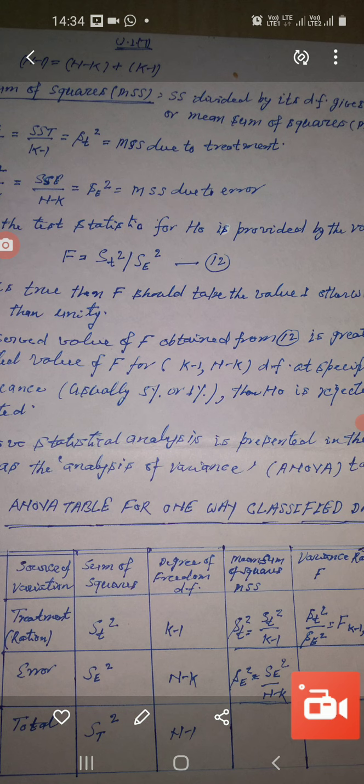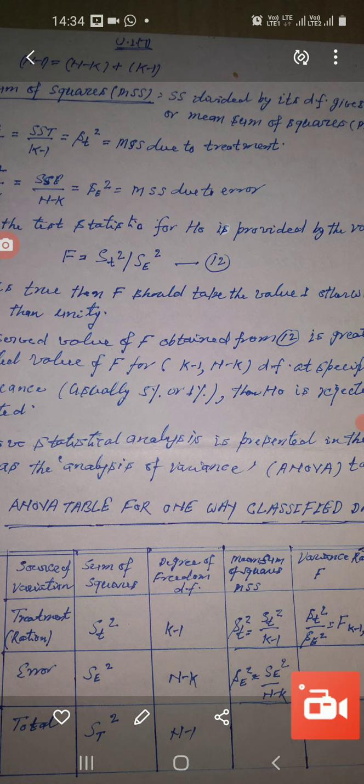Similarly, you can find the error sum of squares, SSE, which is equal to TSS, the total sum of squares, minus SST, the sum of squares due to treatment, and minus SSB, the sum of squares due to varieties. Thus SSE is equal to TSS minus SST minus SSB.